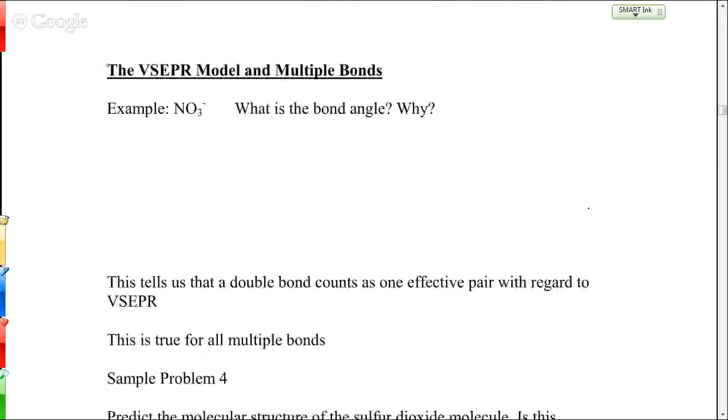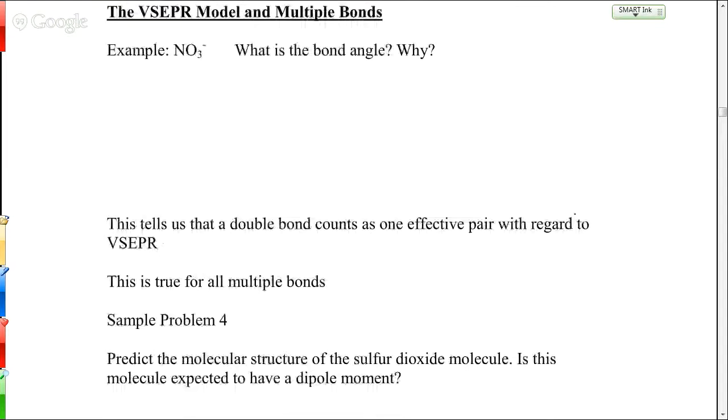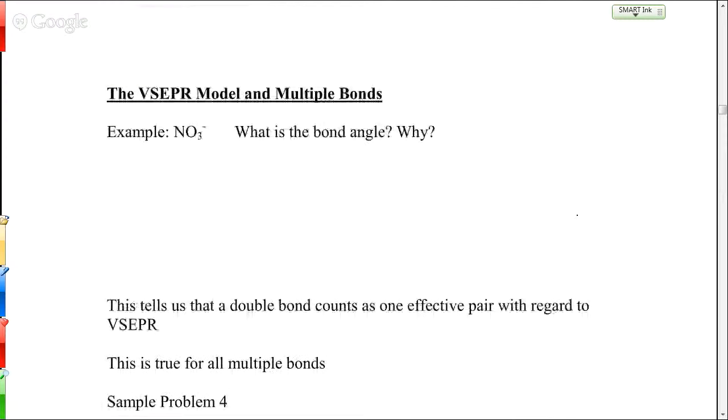All right, so let's look at what happens when we get some multiple bonds. NO3, we've done the structure for NO3 before. We talked about it with resonance. We usually look at it something like this. What's the shape then of that molecule?